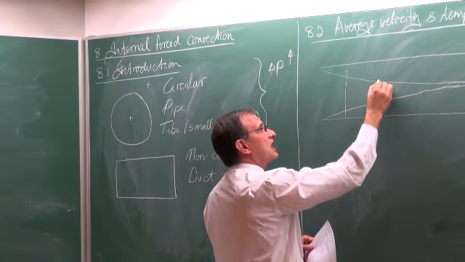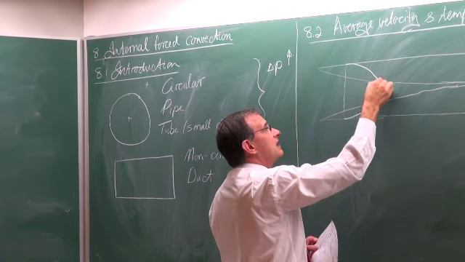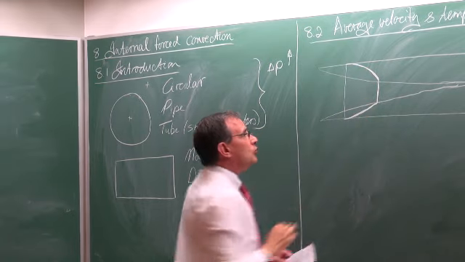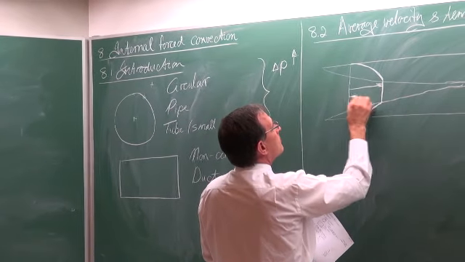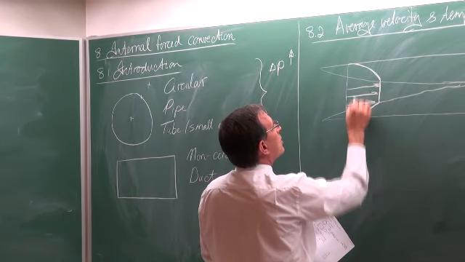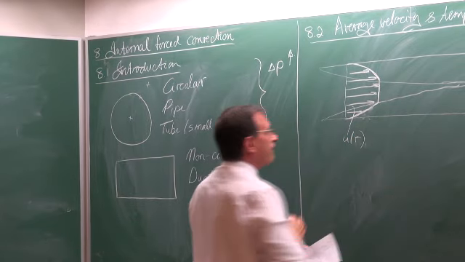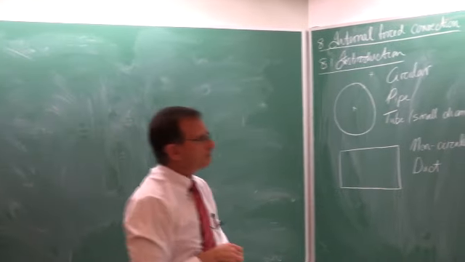So that would be the irrotational flow part, and that would be the boundary layer, and the velocity profile would look like that. So in general, the velocity is a function of r.